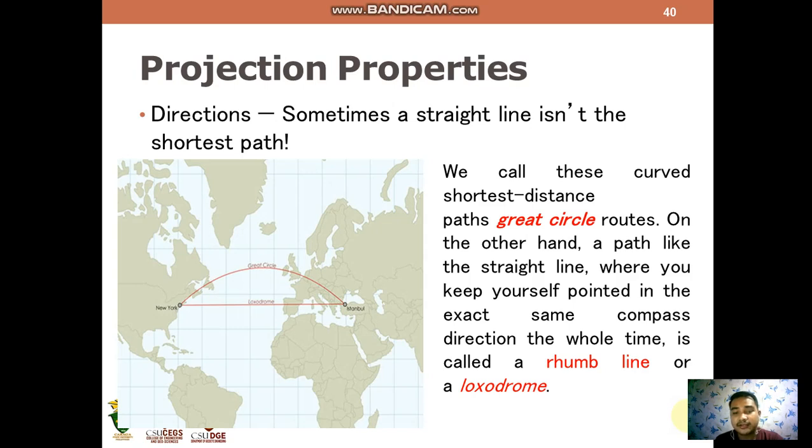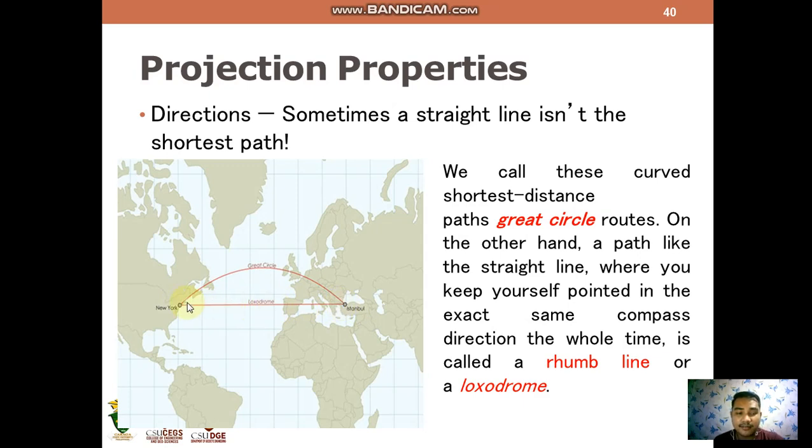We call this curved shortest distance path the great circle, great circle routes, or what is called a geodesic line. Kumbaga kung from New York to this other point, sa earth or sa map, ang straight line nga shortest distance dili mao ang pinaka-shortest nga path.